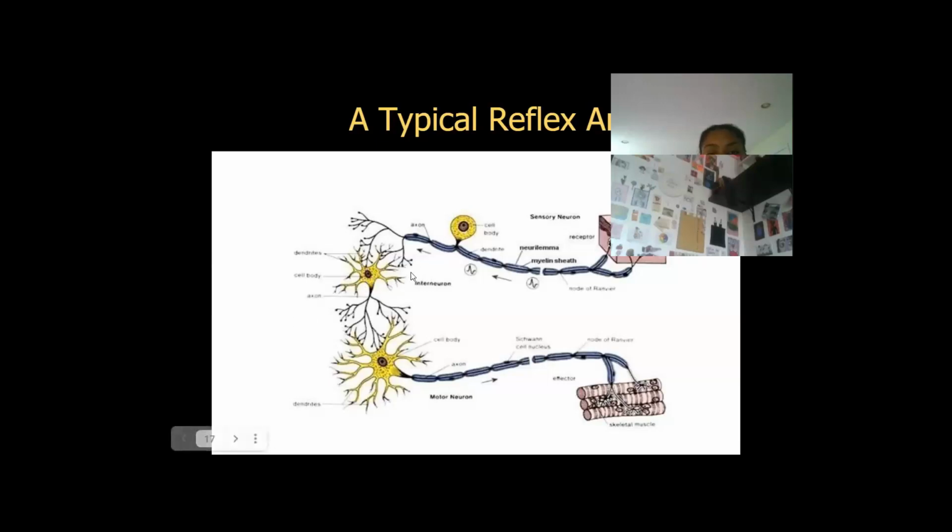So this you only find in your central nervous system, in the spinal cord and in the brain. Might be connecting, like this one is connecting the sensory and the motor, or it might be connecting between different interneurons, allowing communication to occur through the brain and the spinal cord.